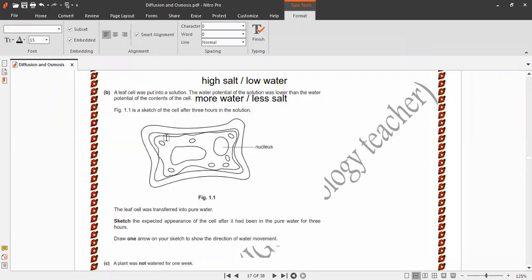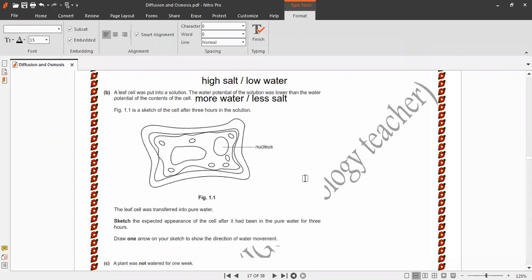Start. Figure 1.1 is a sketch of the cell after 3 hours in the solution. Okay. The leaf cell was transferred into pure water. Sketch the expected appearance of the cell after it had been in the pure water for 3 hours.